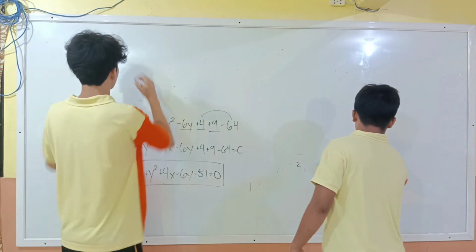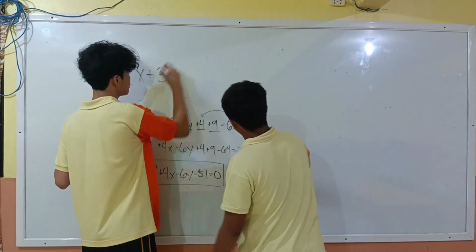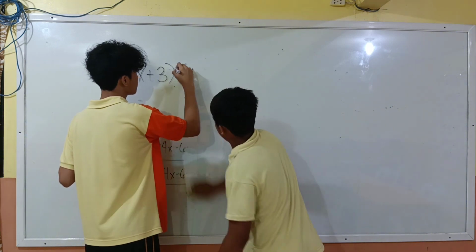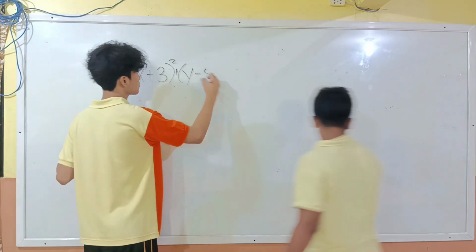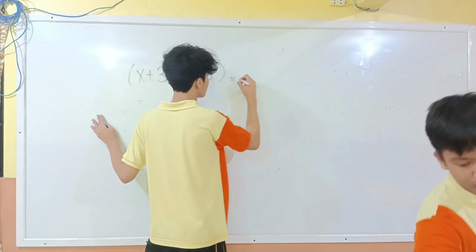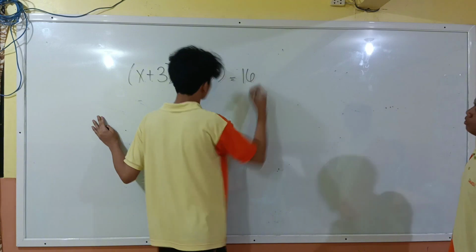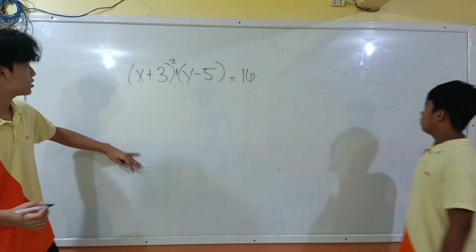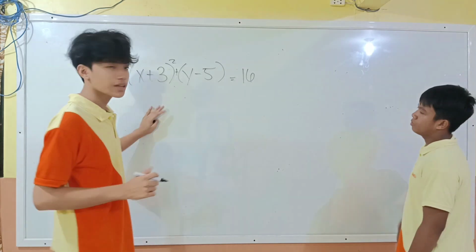So I'm gonna write our example. x plus 3, then square, plus y minus 5, then square, is equal to 16. Okay. So we have right here our example. So earlier we learned how to get the center and radius.